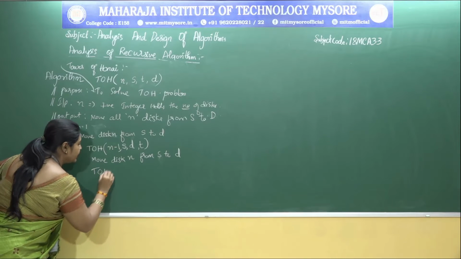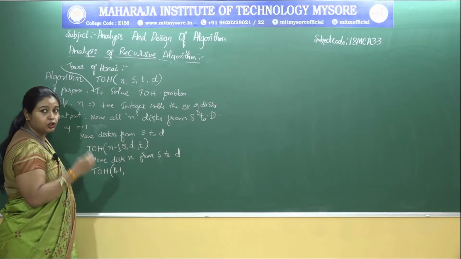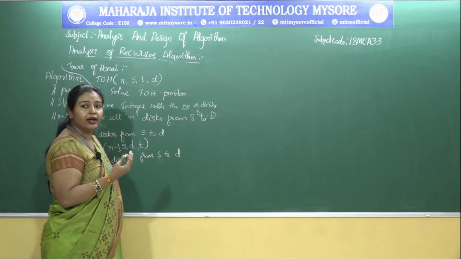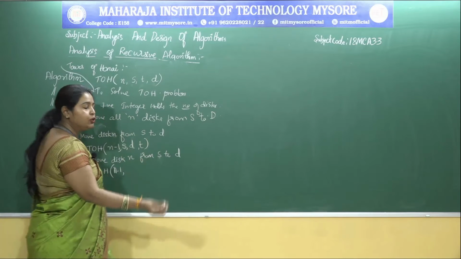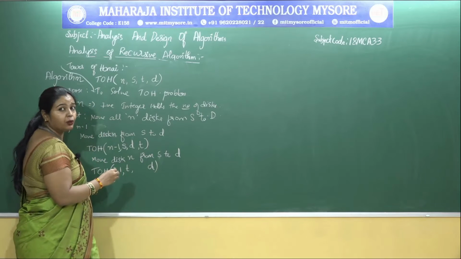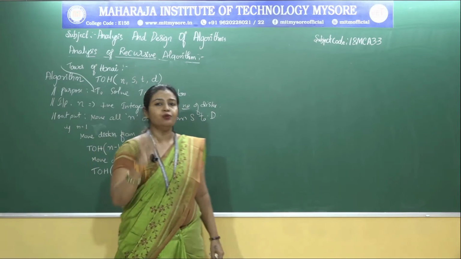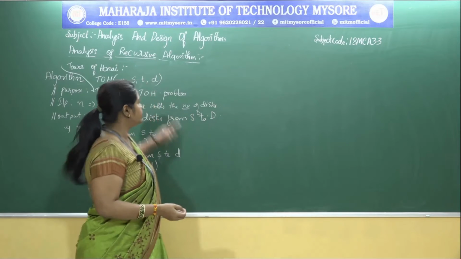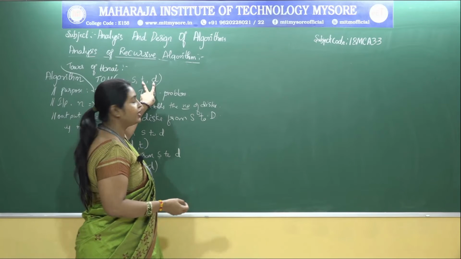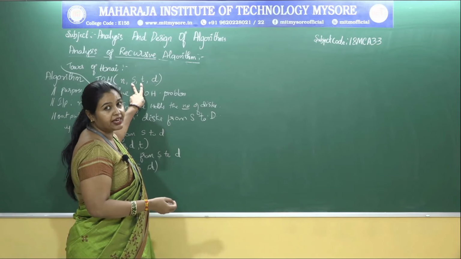TOH, so the remaining disks should be moved from where to where? From temporary to destination. Okay. And your source will become the temporary needle. Remember, for the first call these two variables get interchanged and for the second call these two variables get interchanged.